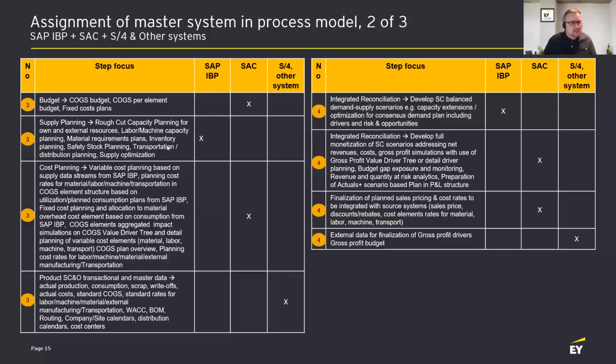Material requirement planning, planning your inventory and safety stock could be fully monetized, because some of the planning of the material cost rates and, for example, the weighted average cost of capital could be as well supported through the planning of your costs. Last but not least, as we discussed, another element of supply planning is planning your transportation and distribution.